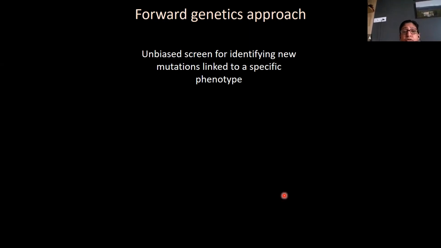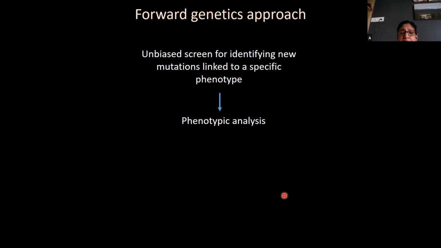I want to plan a screen to identify new genes implicated in cancer. How do I do that? People can do an EMS screen, or you can bring the RNAi collection, or take the transposable element collection, and you screen for a cancer phenotype, which is overgrowth. I'll show you in the next slide how to do that.